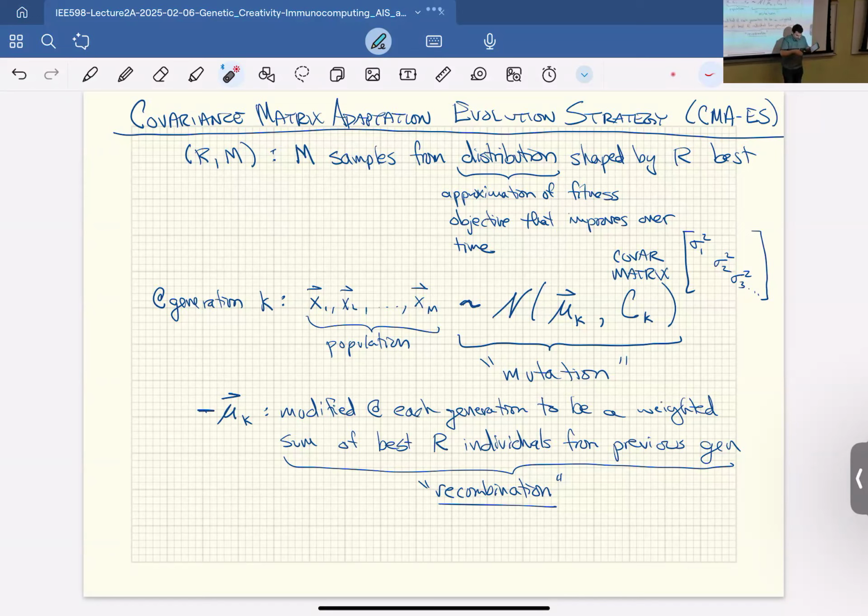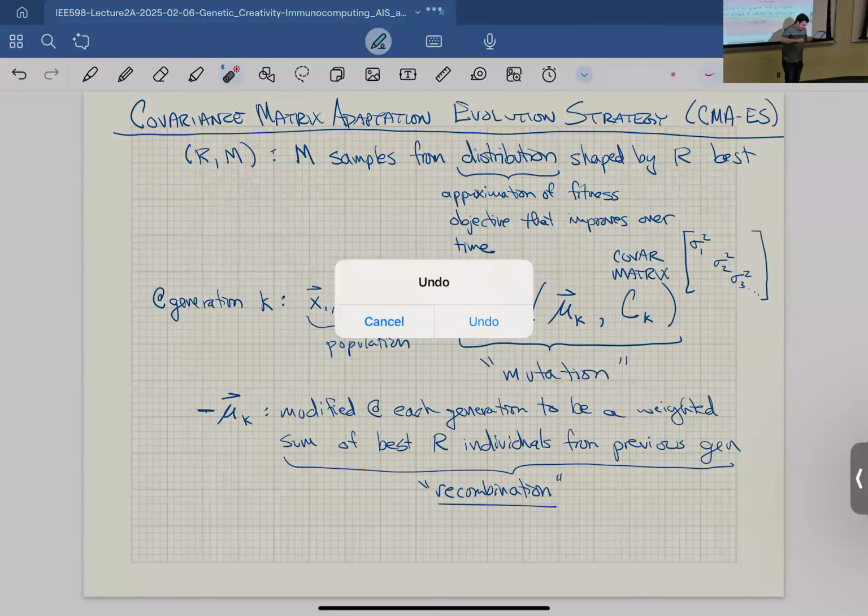So if in my previous generation the normal distribution was centered here in my decision space, and then I scattershot offspring out all over, but those offspring are really low fitness. They're really bad solutions. They're the three-wheel and one-wing robots that just don't move at all. But these ones are doing pretty well. Then I take those top R ones, and my new distribution is going to be centered on them if they're equally weighted.